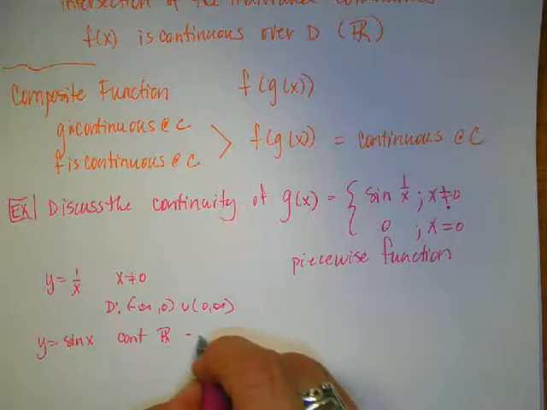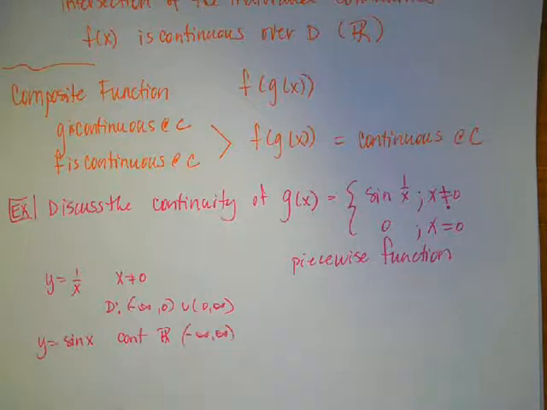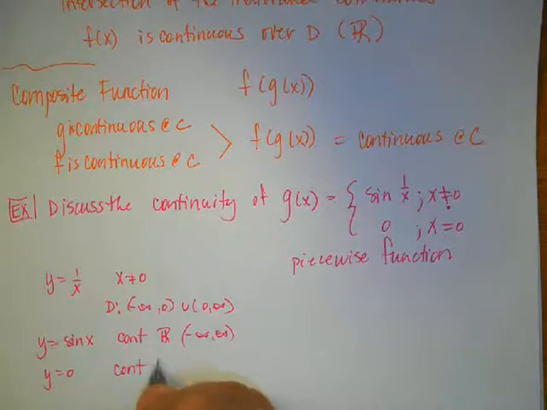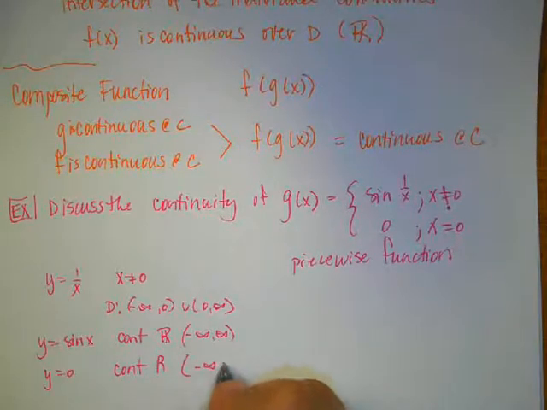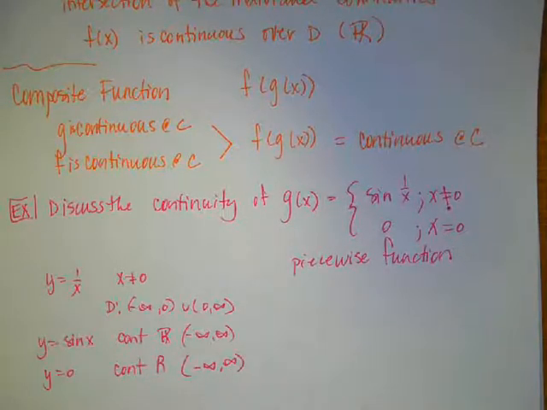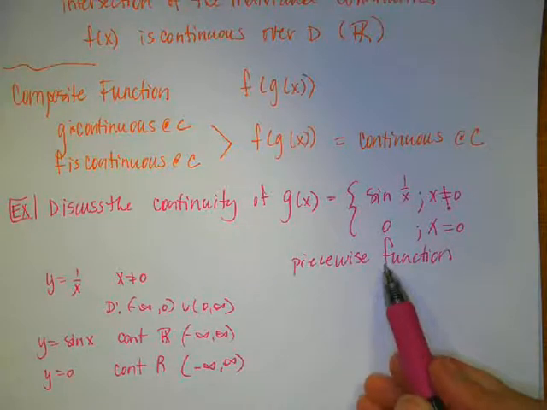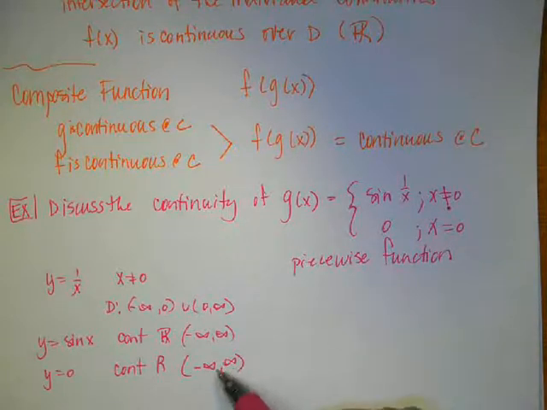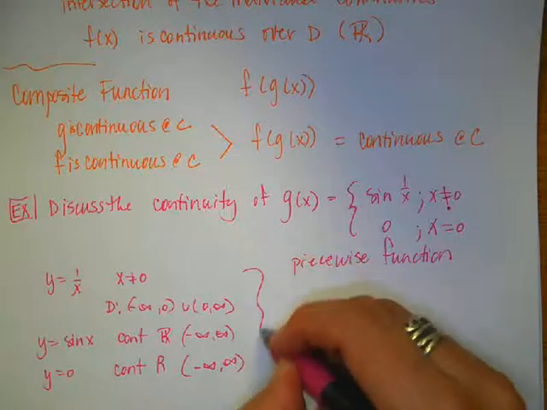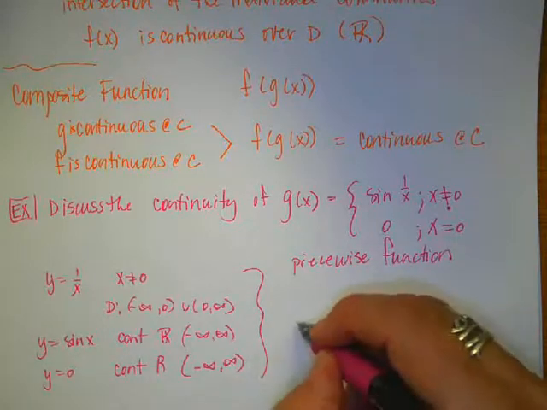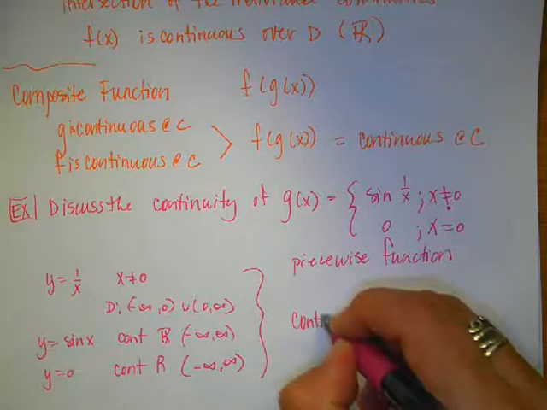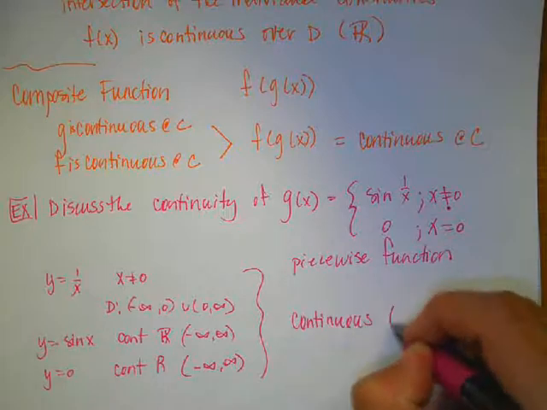And then if I break up my other graph, y is equal to 0, this one is continuous over the reals, negative infinity to positive infinity. My piecewise function is the intersection, so we would say when I intersect these three that my function is continuous from negative infinity to 0 unioned with 0 to positive infinity.